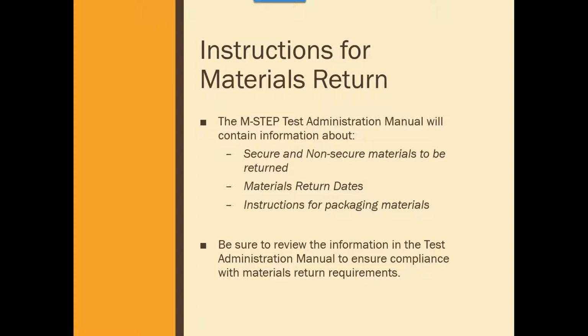It lists which secure materials should be returned to the MSTEP contractor, what schools should keep, and what schools must destroy. Secure materials that need to be returned to the MSTEP contractor include all used answer documents, the orange special handling envelope, all used and unused test booklets, and any accommodated versions of the test.